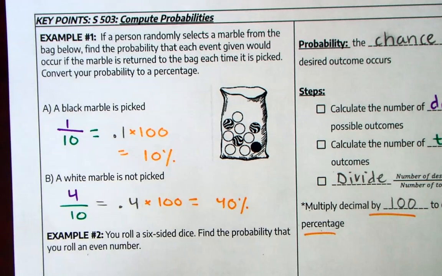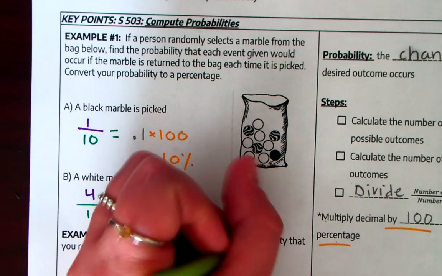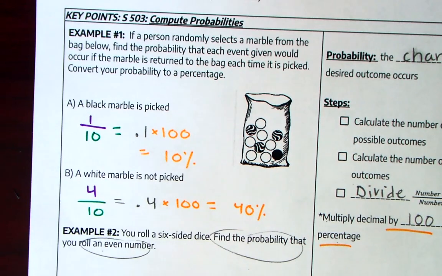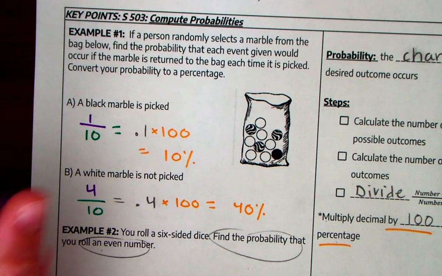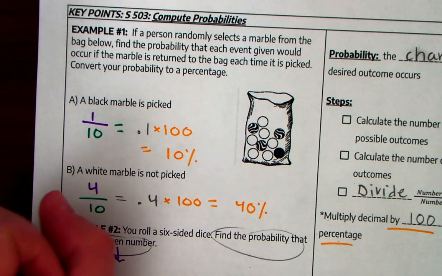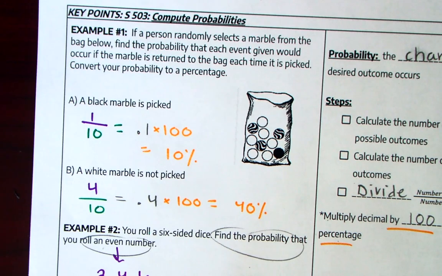All right, let's look at this situation. You roll a 6-sided die. Find the probability that you roll an even number. Ooh. All right, so, well, what do we want? It's a 6-sided die, so we want an even number. So an even number is going to be a 2, a 4, or a 6, right? On a 6-sided die, 1 through 6, right?